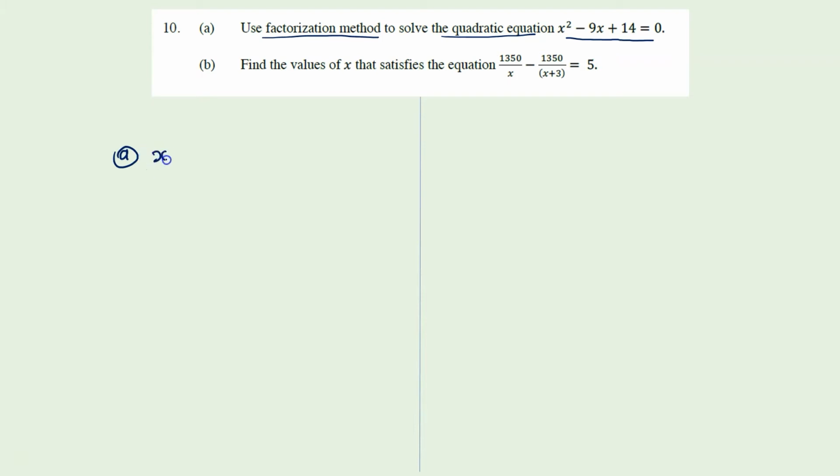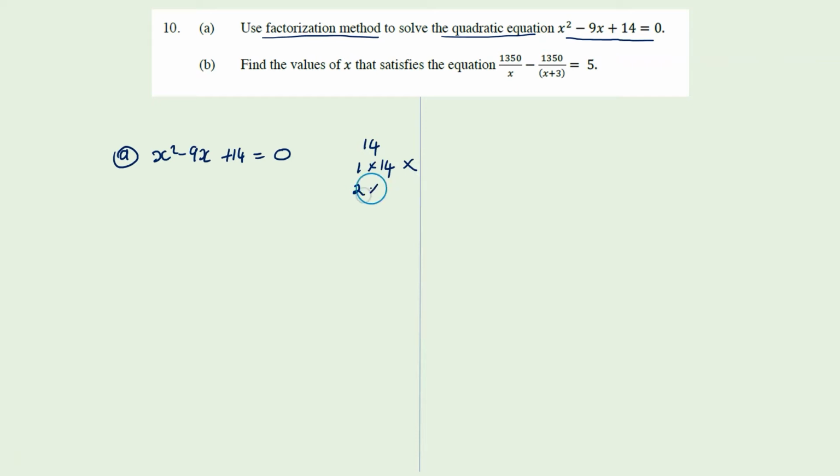What do we have? x squared minus 9x plus 14 equals 0. So I need to find two numbers that multiply to make 14, but when you add or subtract, they will give you negative 9. So factors of 14: 1 times 14 will not give me 9.